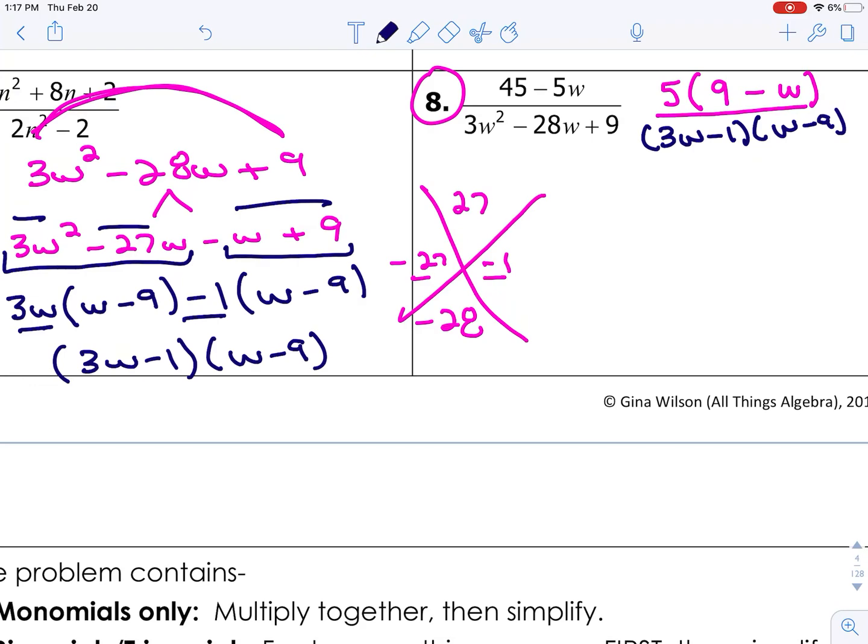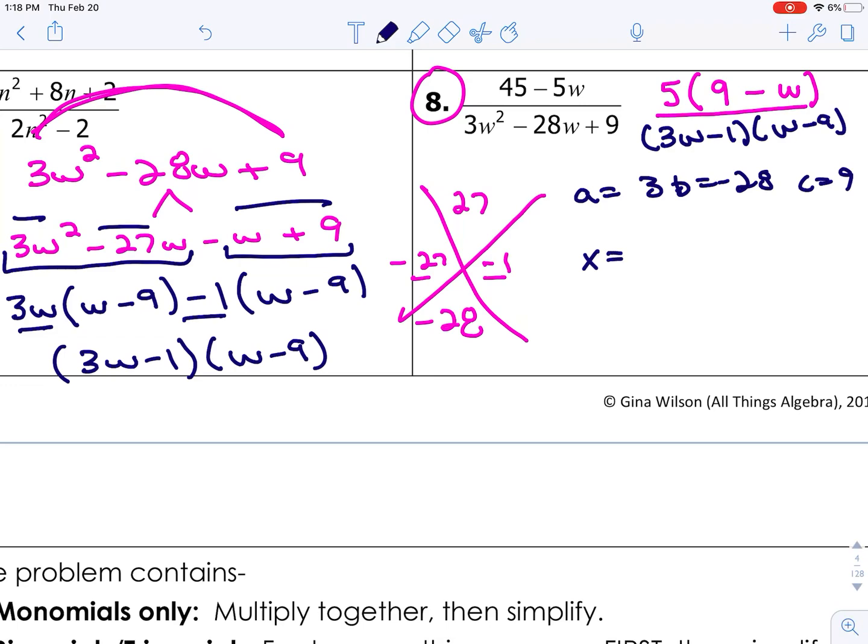So let's just say for a moment that you can't figure that out. So another route that you could take is, and I'm not going to take the time to do it, but you could plug it into the quadratic formula where a is 3 and b is negative 28 and c is 9, and you can solve for the roots.